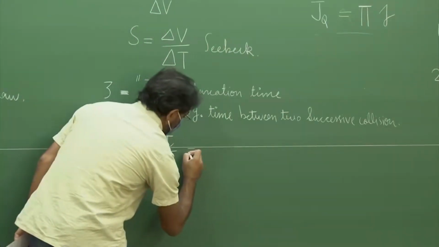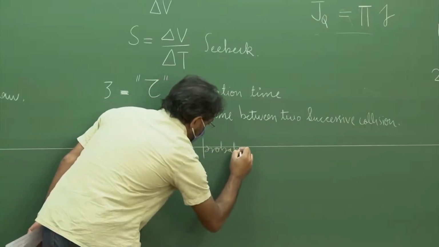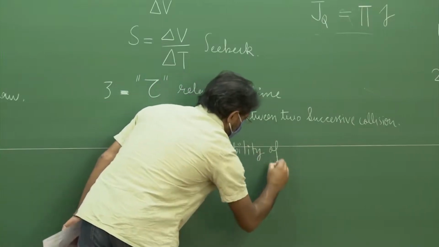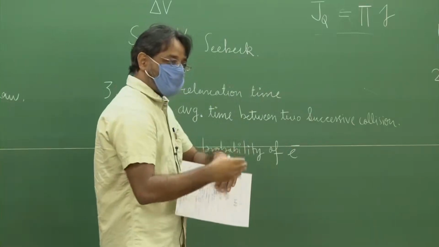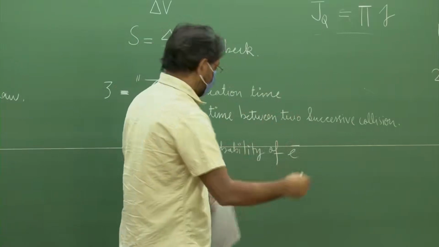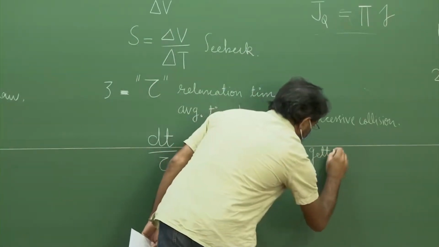So, dt by tau is the probability of electron getting scattered in the time interval between t and t plus dt.